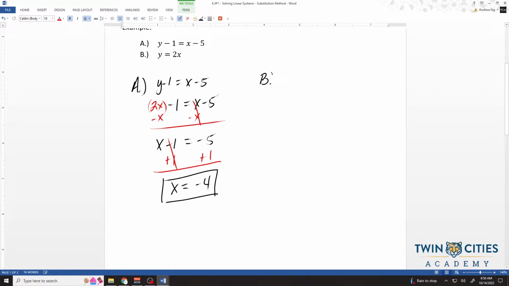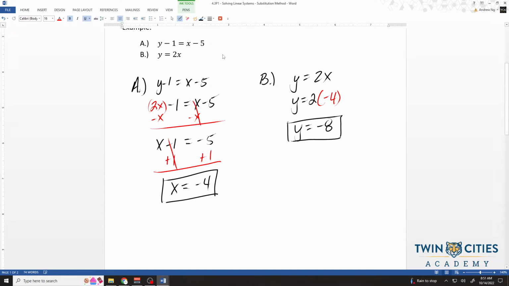B looks like this, y equals 2x. But now x equals negative 4, so y is equal to 2 times, instead of x, we're going to say 2 times negative 4. Well, that means y equals 2 times negative 4, which is negative 8.